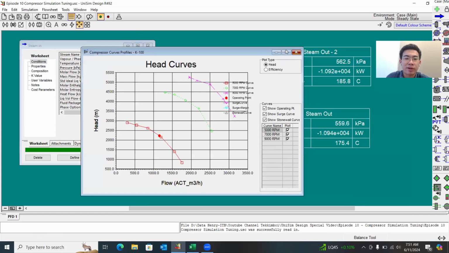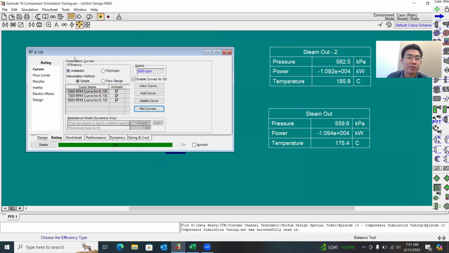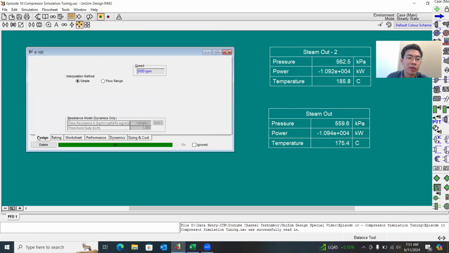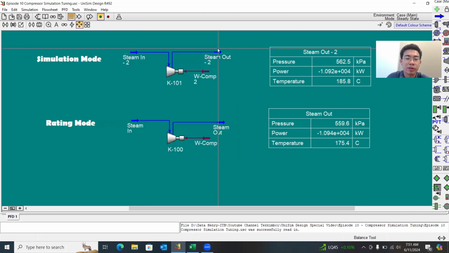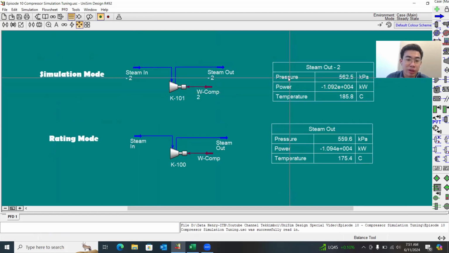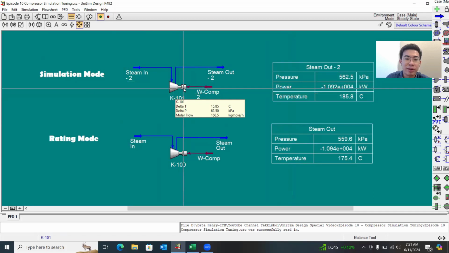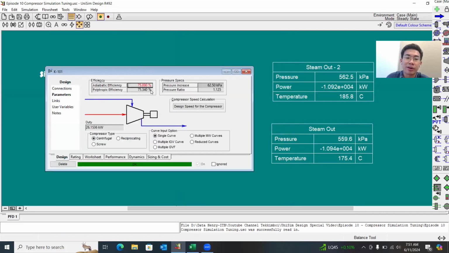One more thing that I forgot: in this rating mode, we cannot specify the polytropic efficiency, but in simulation mode, we have a chance for that. How will it affect? Of course, it will affect the temperature. If I have only 70% efficiency, you could see that the temperature is larger.